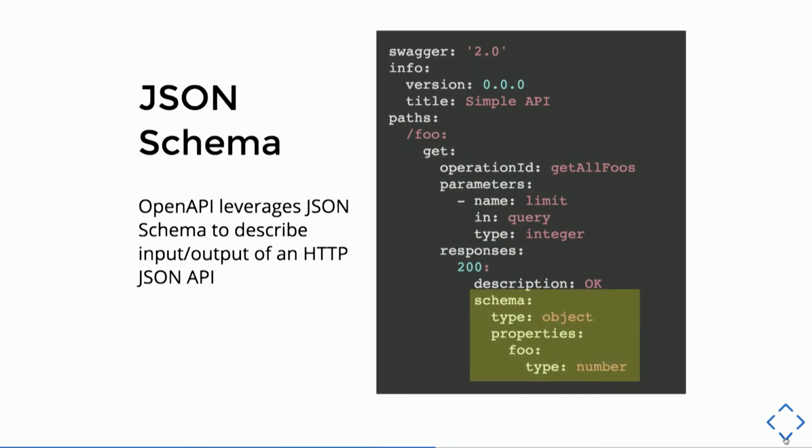It is also built on top of something called JSON schema. JSON schema is another standard that describes JSON objects. If you have a JSON object, you can write a JSON schema that describes what this JSON looks like.